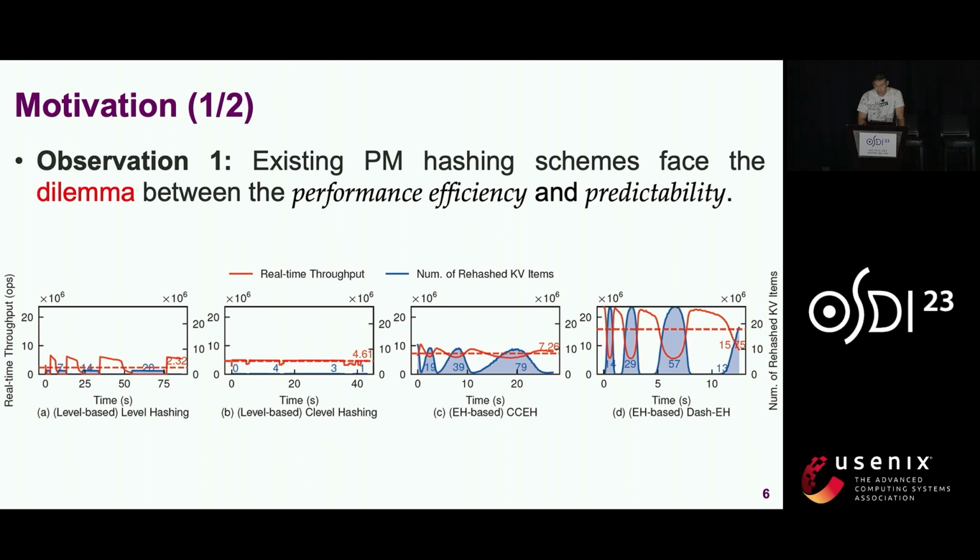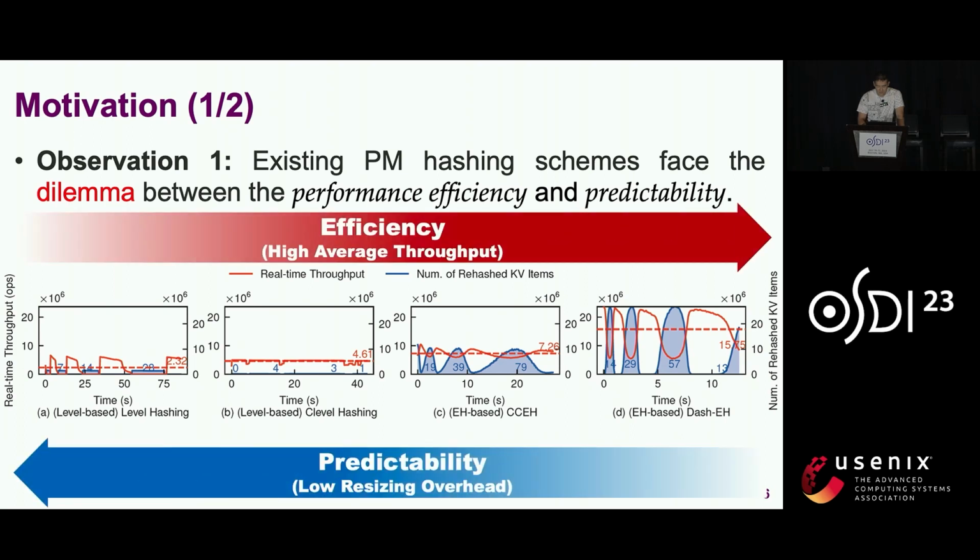However, through our empirical evaluation, we discovered the existing PM hashing faces a dilemma between performance efficiency and predictability. At the right-hand side, EH-based PM hashing has better efficiency with higher average throughput, which is indicated by the red line in the figure.